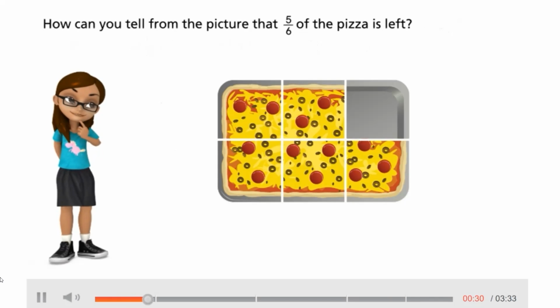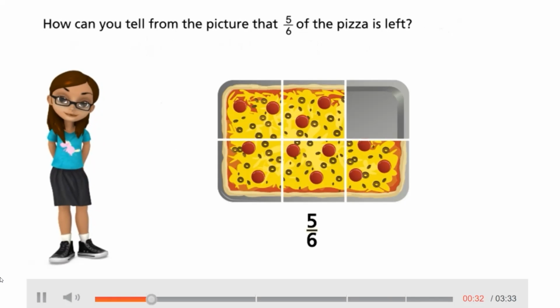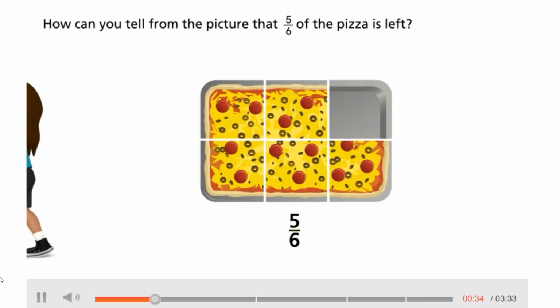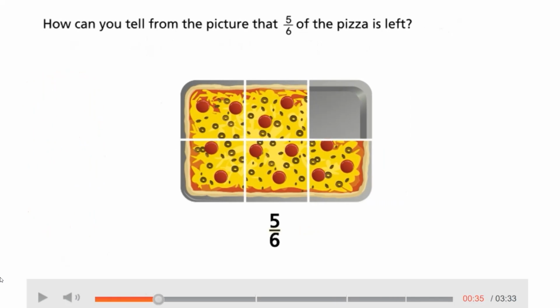How can you tell from the picture that 5/6 of the pizza is left? So let's stop and look at our picture. Now we know that there were originally spaces for 6 pieces of pizza here. Now one of them is missing, so the only thing we have left is 5 pieces left out of the 6 pieces. So your top number tells you how many pieces you've got.